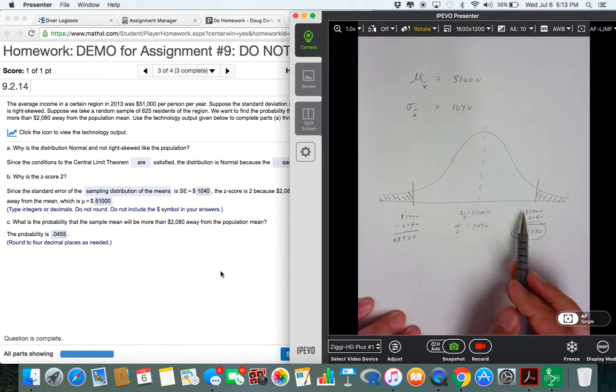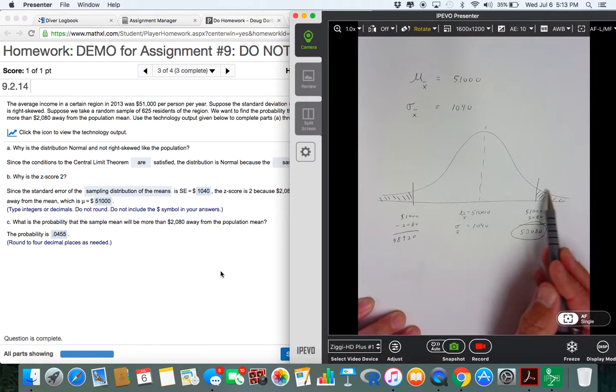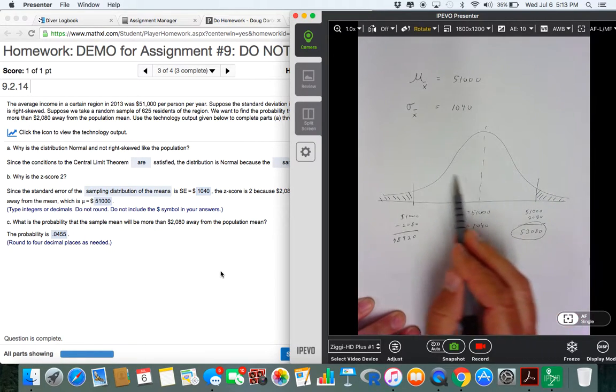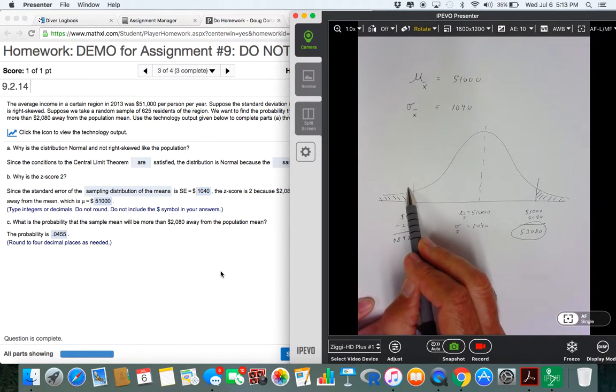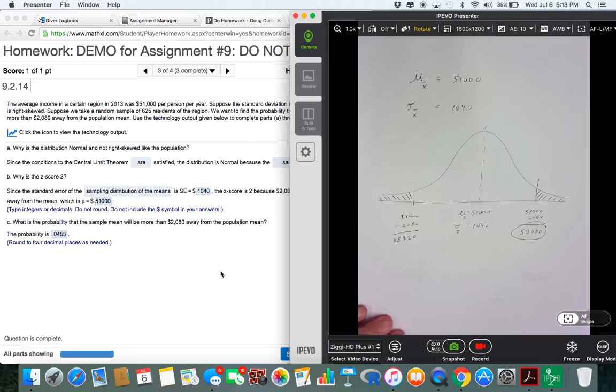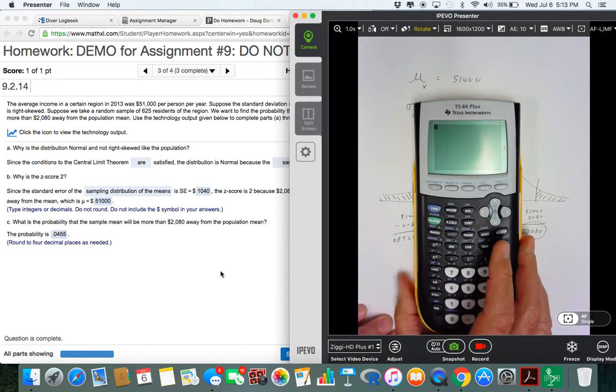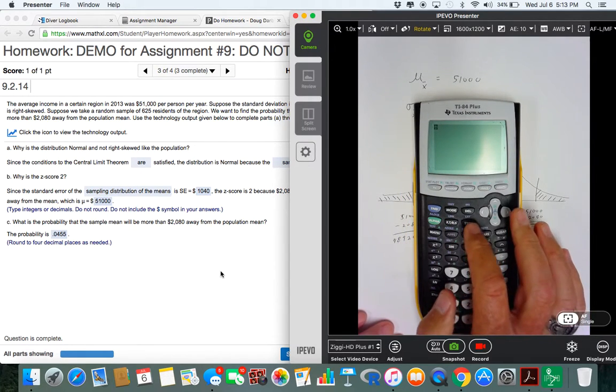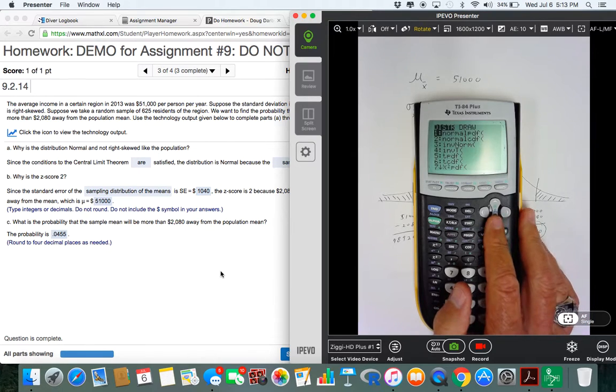Now, because of symmetry, we know that if we calculate one of these areas, all we have to do is double it and get the same area on the other side. Well, I'm going to find this area right here. And I'm going to use normal CDF, which I've shown to you before.